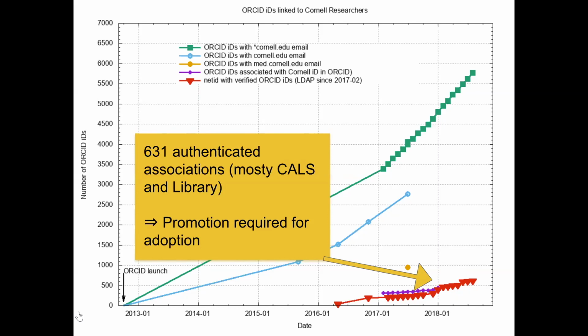We have approximately 631 associations through this authenticated workflow with the central identity system. These are mostly, apologies for my typo there, within the College of Agriculture and Life Sciences and the library, which I think is a clear indication that without direct promotion, these being the two places where we have done a lot of promotion work, there will not be a huge amount of uptake.